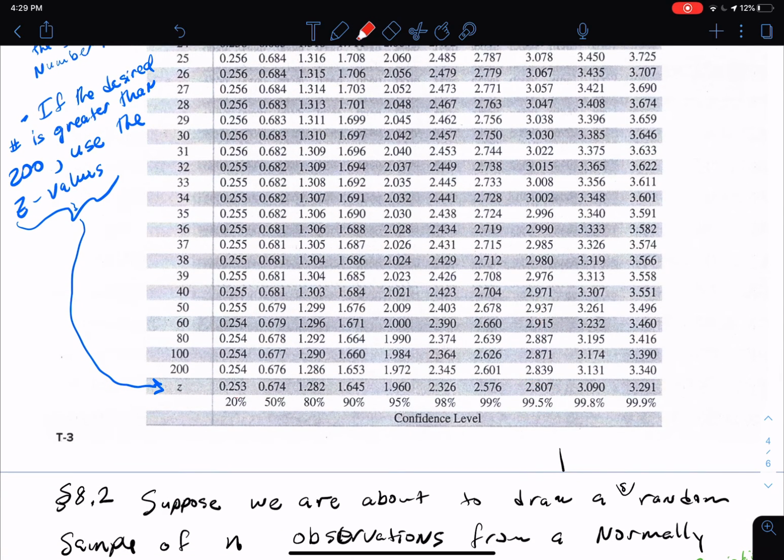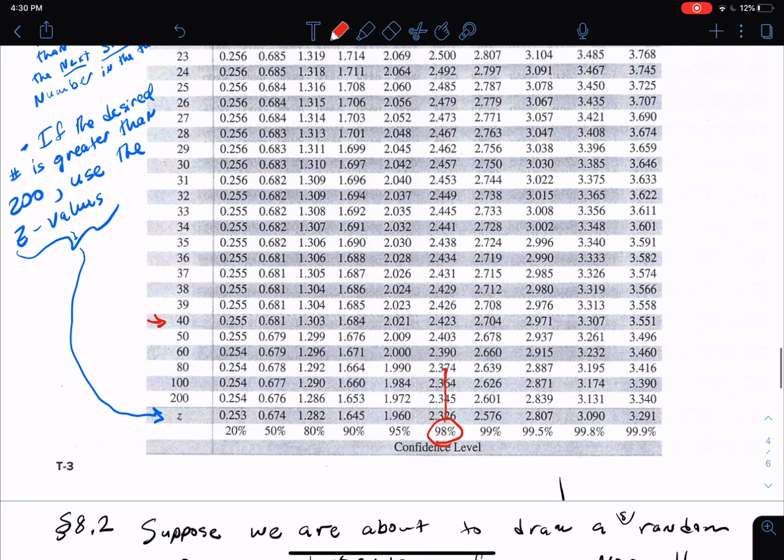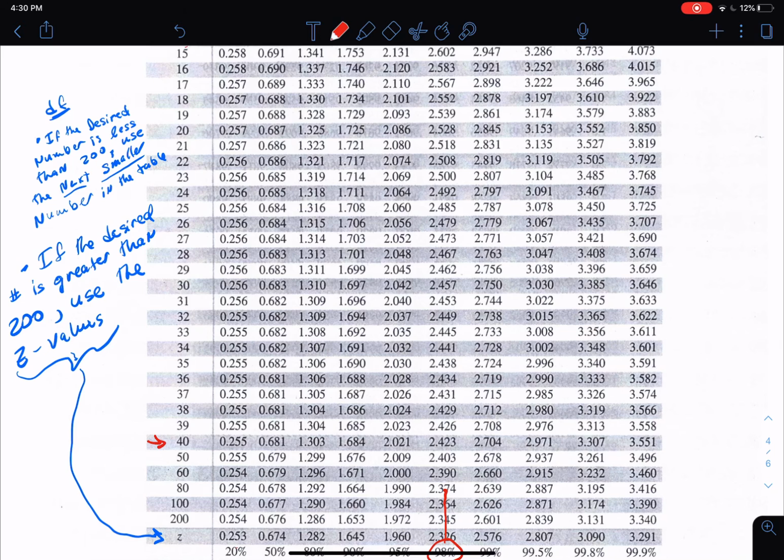So we have our 98% confidence level, right? Was it 98? Yeah, 98% confidence level is right here. And we have our 43 degrees of freedom. So there's 40. Remember what it says? If you're under 200, then use the next smaller number on the table.